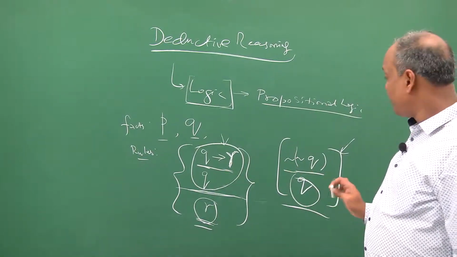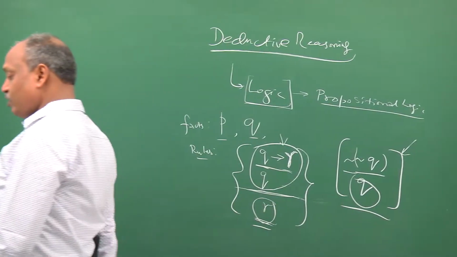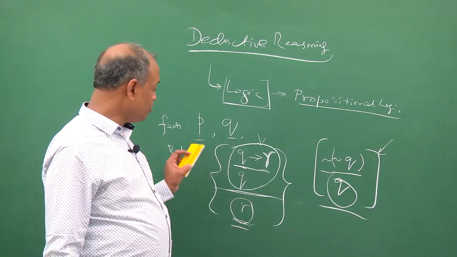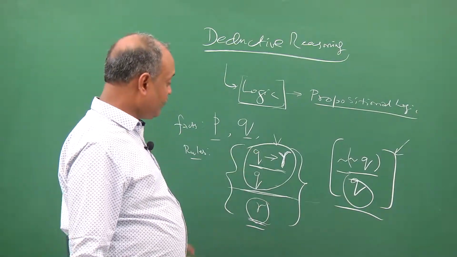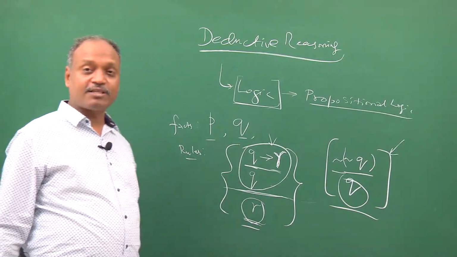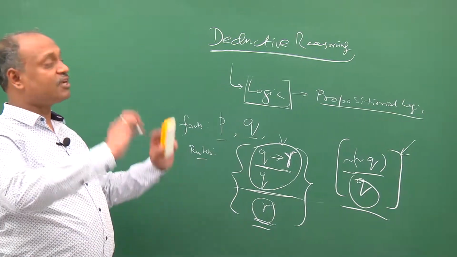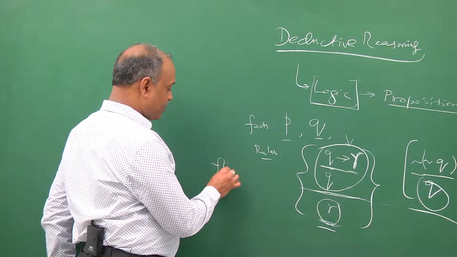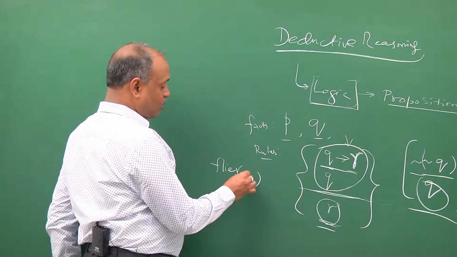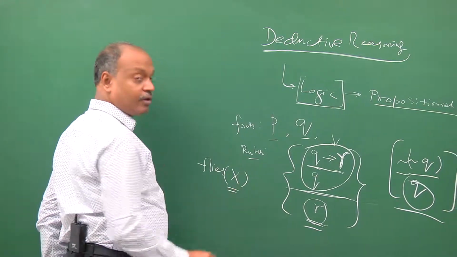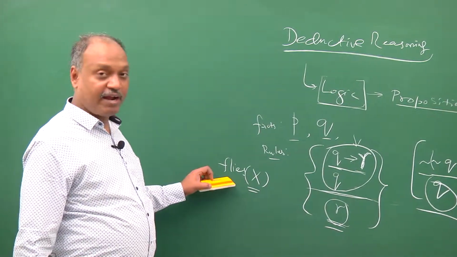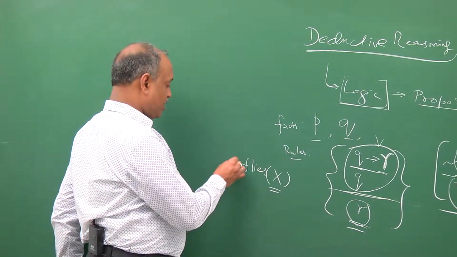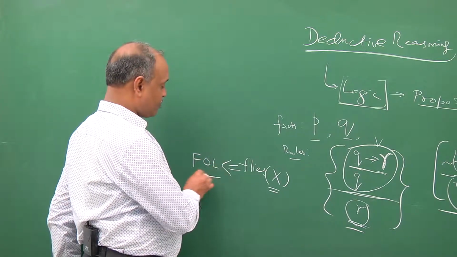Whereas on the other hand, if you want to do it a bit more generic and not restrict to simple statements, for example, if I want to reflect something which is a property of a class of human beings or a class of birds, I should be able to write something like, for all categories of things which fly, a property like flies of X. This gives rise to a new kind of logic known as first order logic.